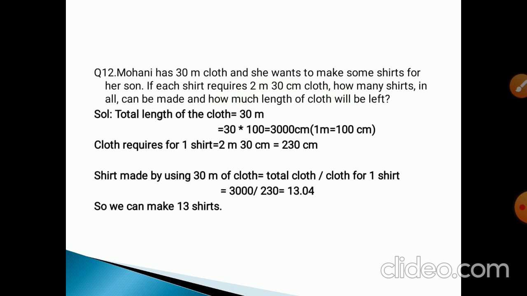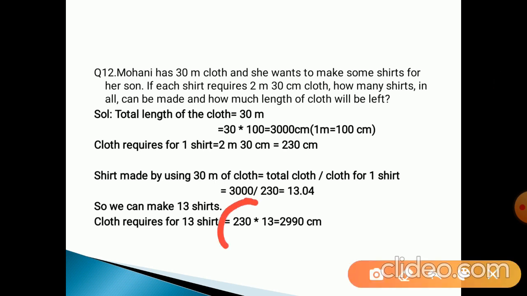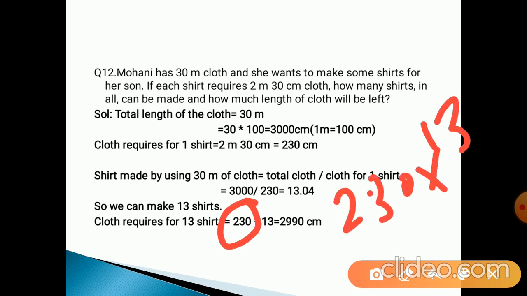Now we need to tell how much cloth is left. So cloth required for one shirt is 230 centimeters. Cloth required for 13 shirts will be 230 multiplied by 13, that equals 2990 centimeters.